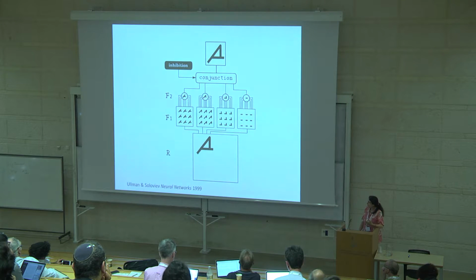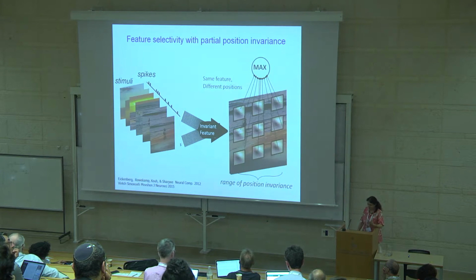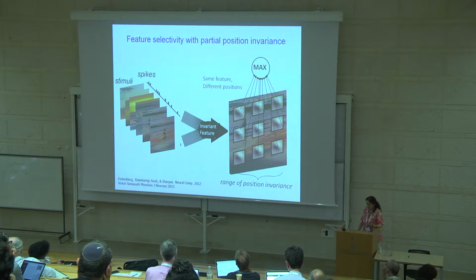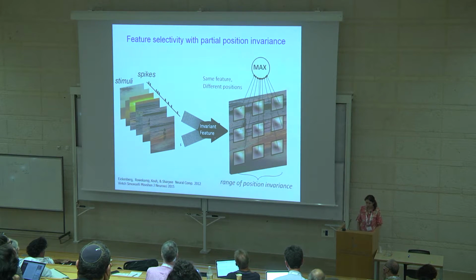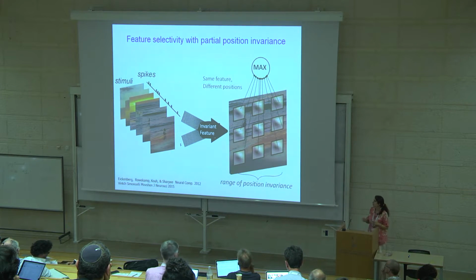So, as a preview, in order to analyze data like this, we started to develop methods where we can take neural responses to natural stimuli. There will be on the order of 20,000 different images, sometimes dynamical images.